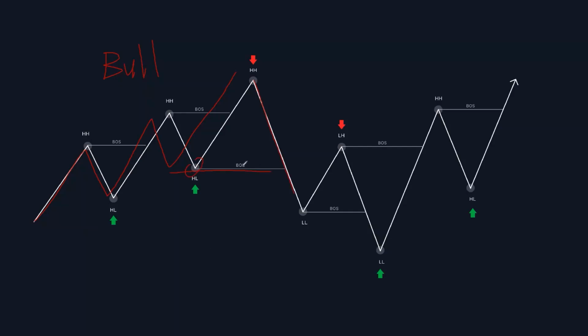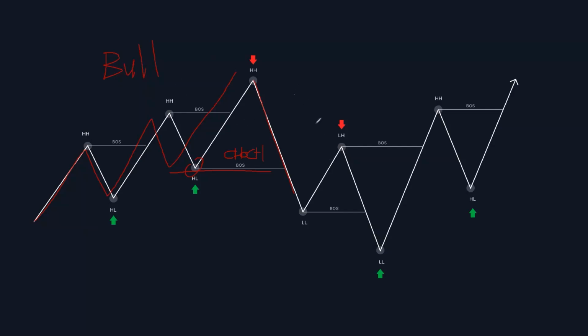Over here the term I put is BOS. You can say it's a break of structure, but some traders will put it as change of character. What I mean by change of character is an initial indication from the market that the bullish market is no longer in control.